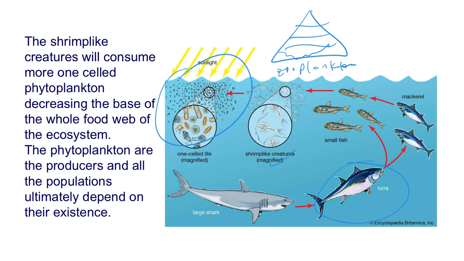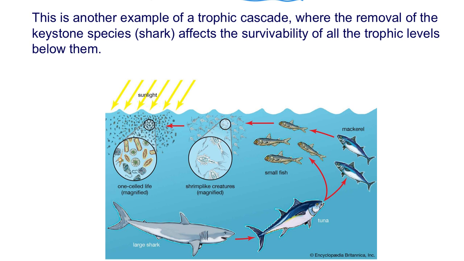And so it was understood that you need shark to keep the tuna population down and keep the ecosystem in balance. Again, the trophic cascade is when all the dominoes fall. That's when all the trophic levels decline because you took the keystone species out, or some other element of the ecosystem, something that a higher trophic level depends on.